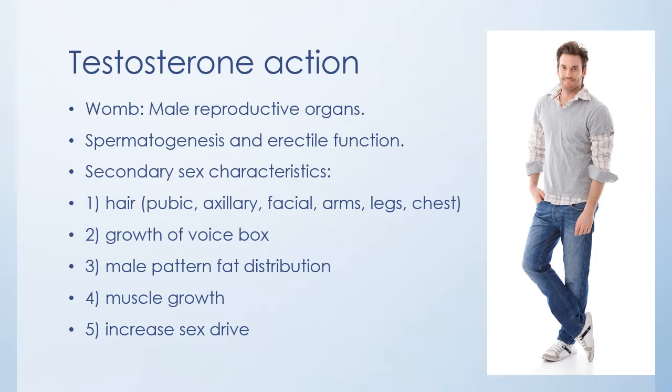First, the development of hair in the pubic area, axillary area, face, arms, legs, and chest. Secondly, the growth of the voice box. Thirdly, male pattern fat distribution, in the abdominal area. Fourth is muscle growth, and fifth, increase in sex drive.